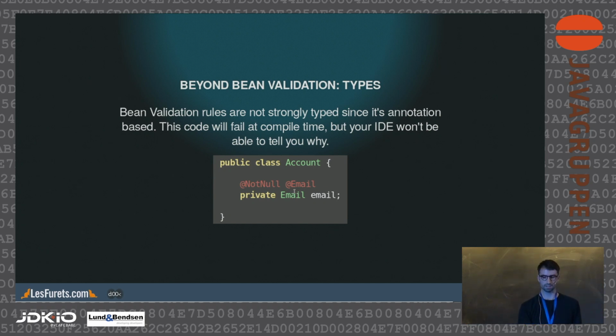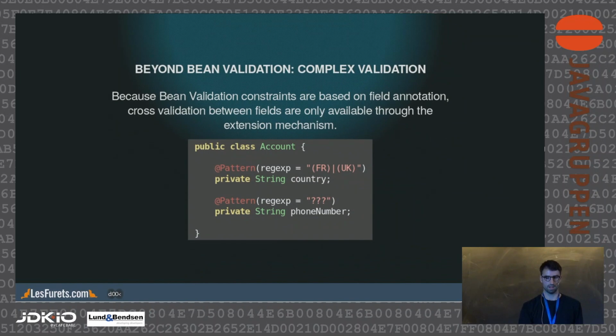So this should be string for it to work. So BeanValidation is not strongly typed. It's also hard in BeanValidation to do complex, what we call cross validation, between two fields. Here we would like to test that a phone number starts with +33 only if the country is France, for example. In BeanValidation, to do that, you need to write a custom validator. The syntax is quite quirky, but you cannot do it right there.